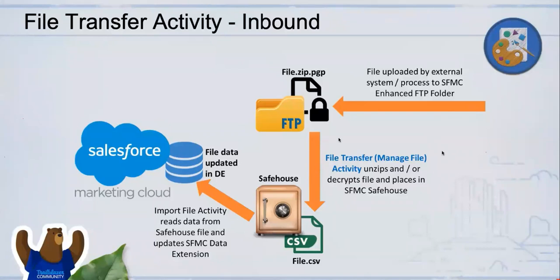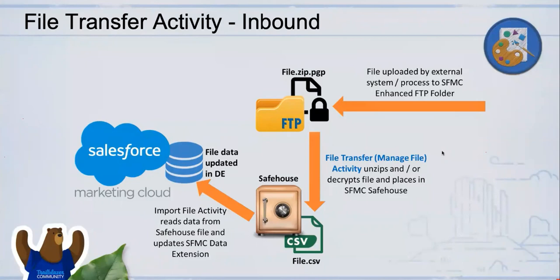So step one is to move the file from an external enhanced FTP folder to safe house while unzipping and also decrypting it. And for the encryption and decryption, you have certain options in setup wherein you can configure the decryption key, the keys that are used for encryption.